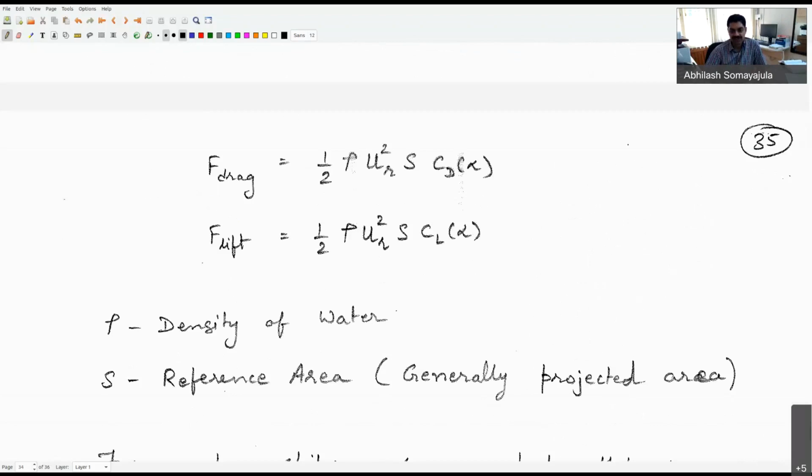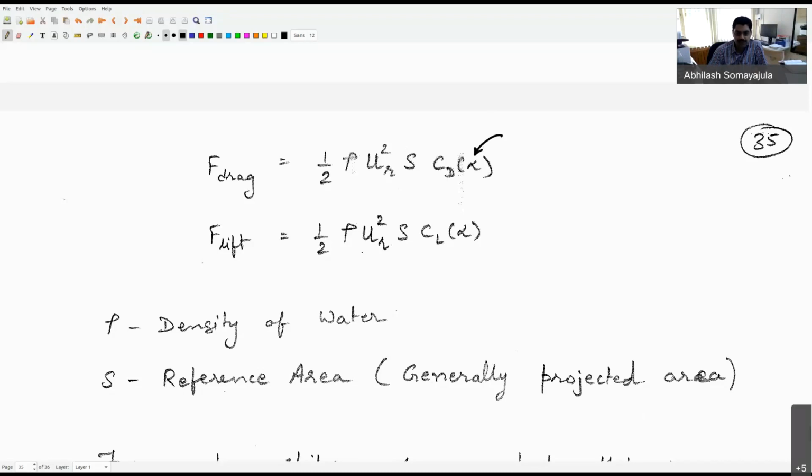Okay, now when we are looking at the lift and the drag force, it is easy to compute. We can compute the drag as half rho, the relative velocity square, times a reference area, which is usually the projected area that we are interested in, times the drag coefficient, which is a function of the angle of attack.